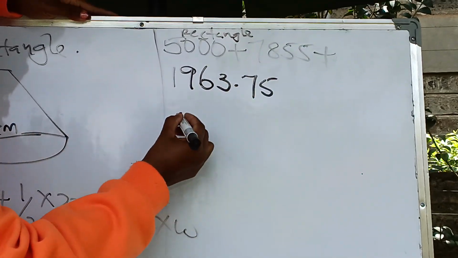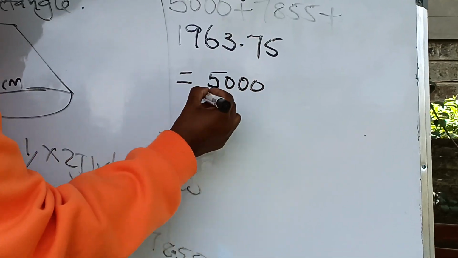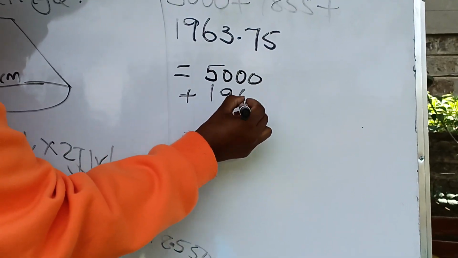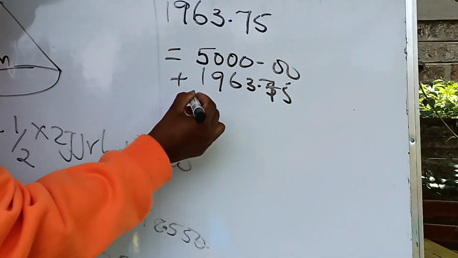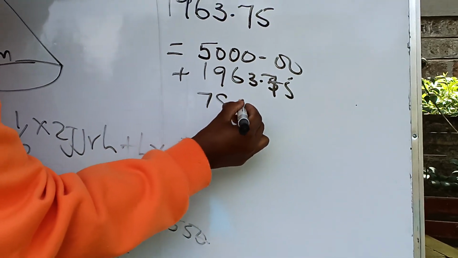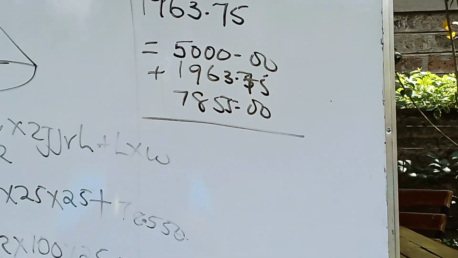And then you add all those ones. So we are going to have 5,000 plus 1,963.75 plus 7,855.00.